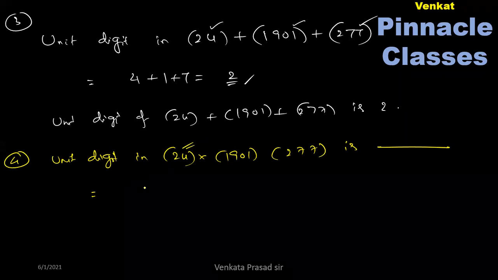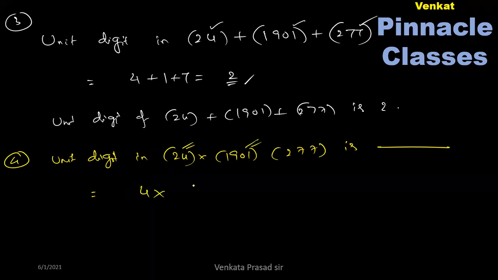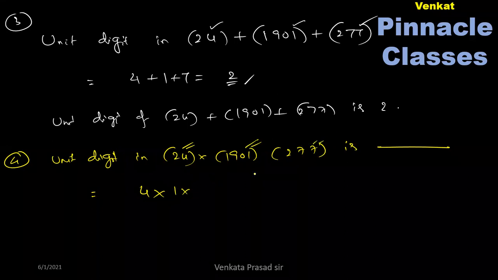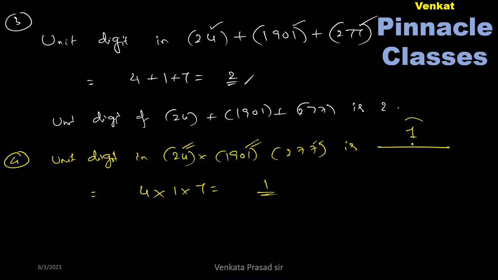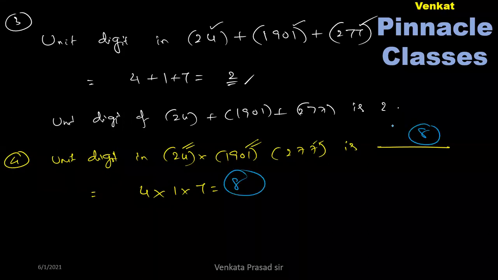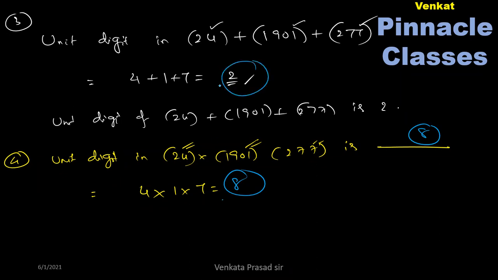What is the unit digit here? 4, here 1, here 7. Anyone? Sir, 8. 7 ones are 7, 7 fours are 28. Yes, that is the answer. The answer is 8. If it is multiplication, the answer is coming 8. If addition, 2 is coming. That depends on the question.